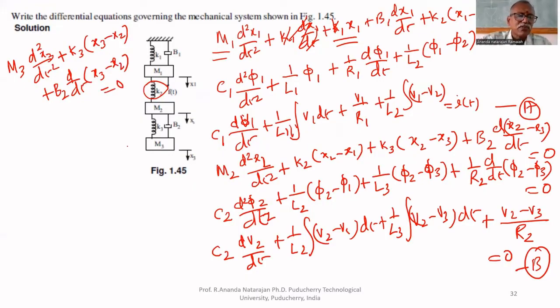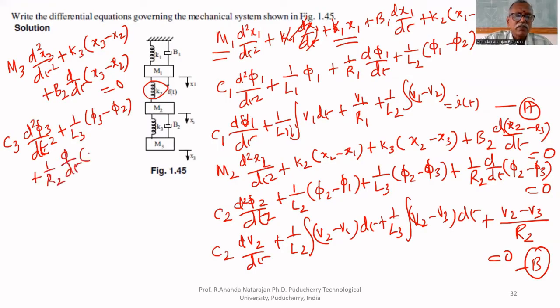If you write in terms of current, C3 d square phi 3 by dt square plus K3 replaced by 1 by L3 phi 3 minus phi 2 plus 1 by R2 d by dt of phi 3 minus phi 2 equal to 0.